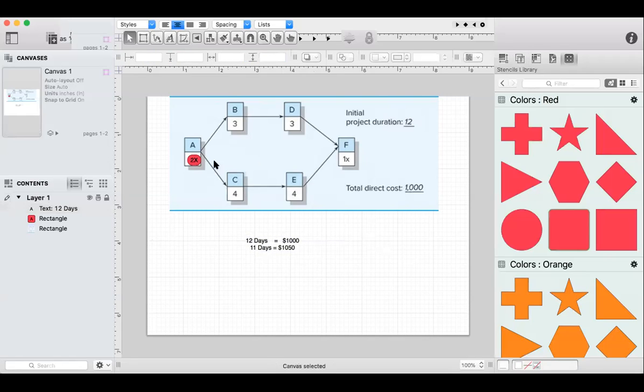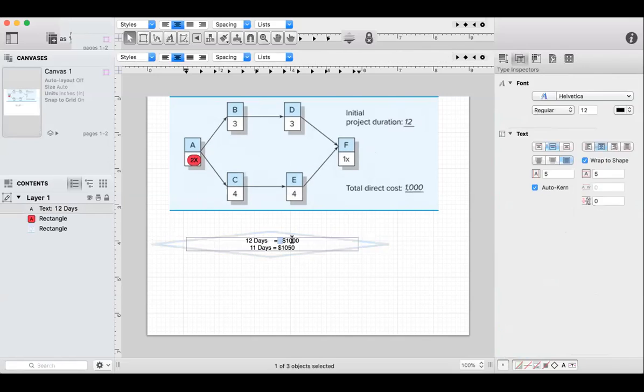So if you do it one step at a time, you can see here, if you now go 4 and 4, 8, 9, 10, 11, we know that 11 days is 1,050. Now, you could say, okay, now I have A, B, D, F equal 3, 3, 6, 7, 8, 9 days.